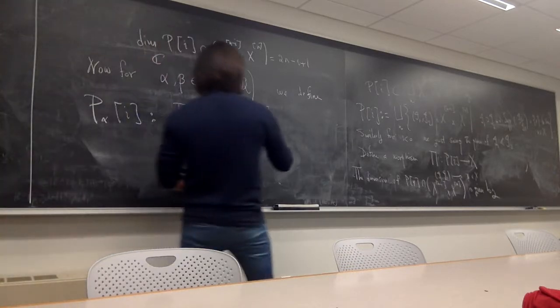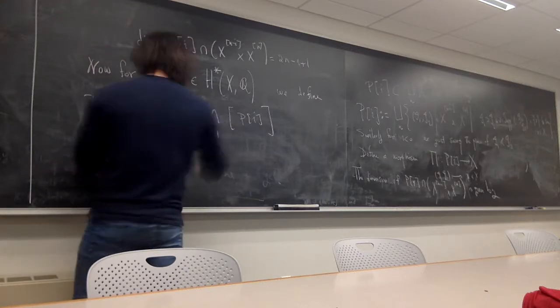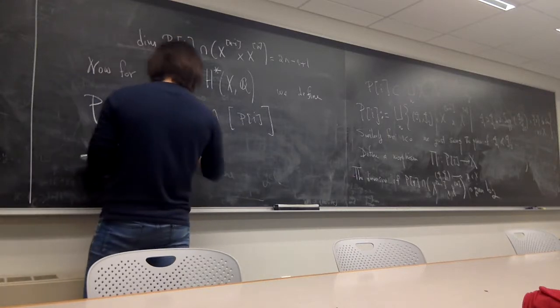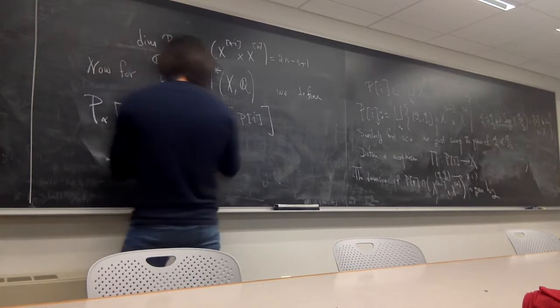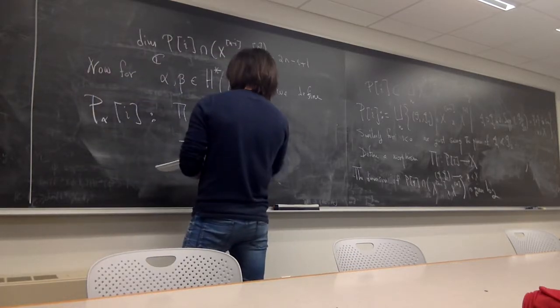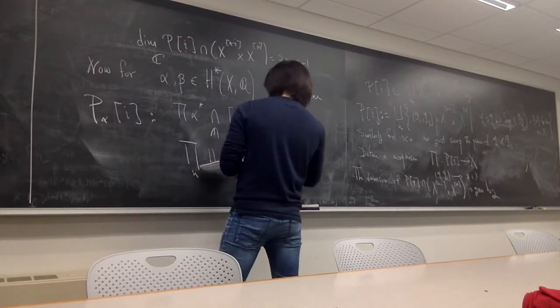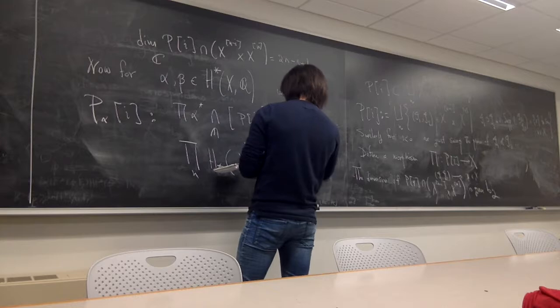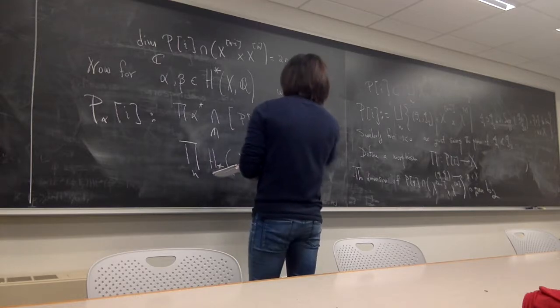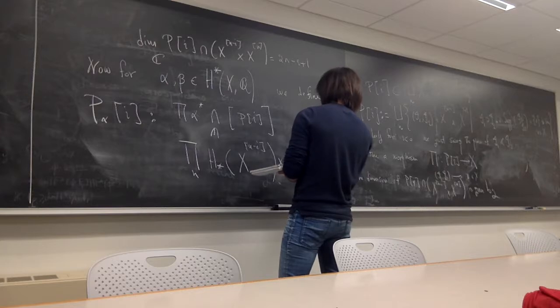And this thing lives in the product of cohomology theories of X n minus i times, for instance, a locally finite or Borel-Moore cohomology theory of X.